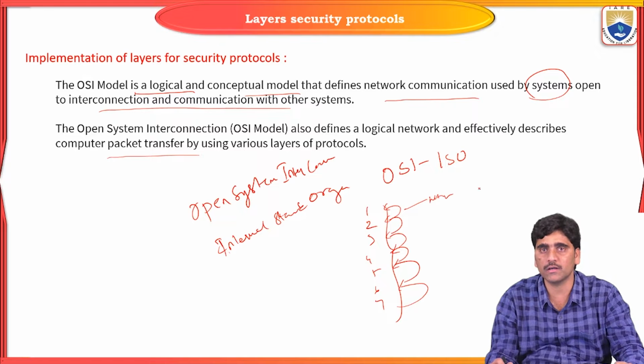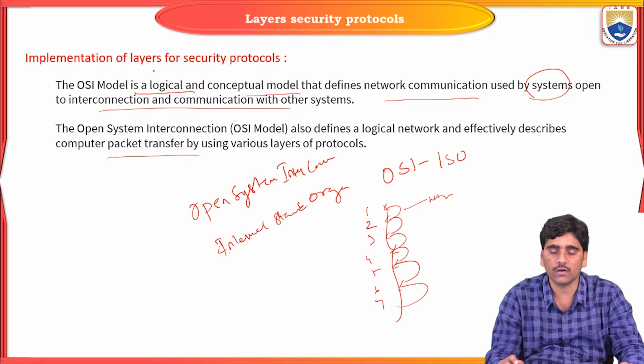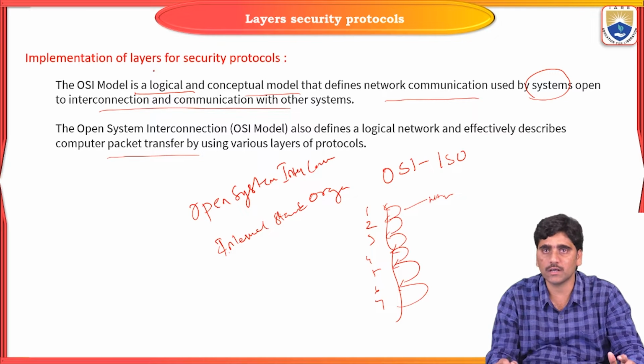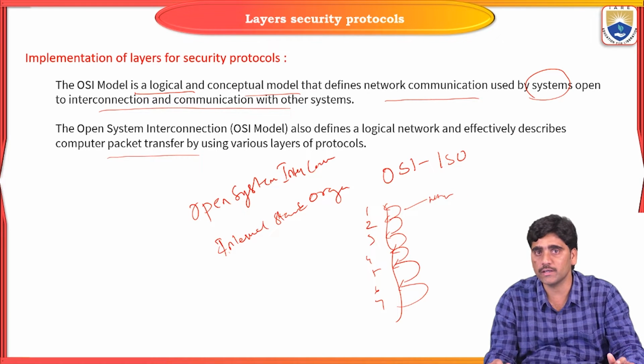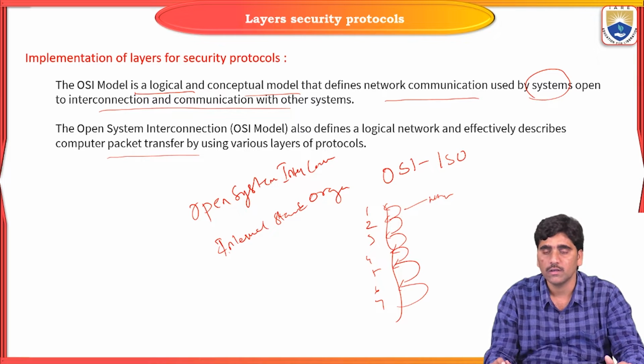That is nothing but security protocols. So here the concept comes: implementation of layers for security protocols. There are different types of security protocols presented to transfer the data from a lower layer to a higher layer, using different types of data transmission techniques.